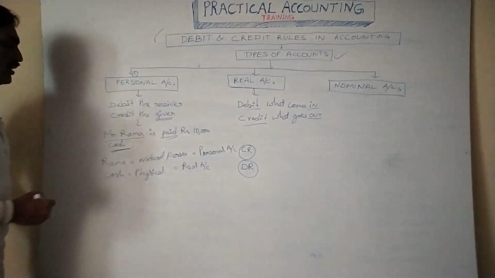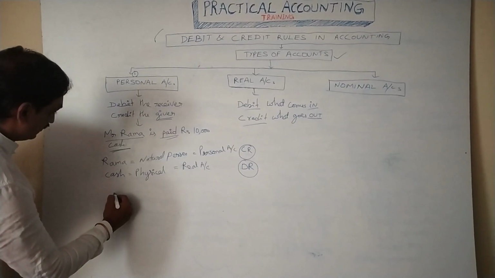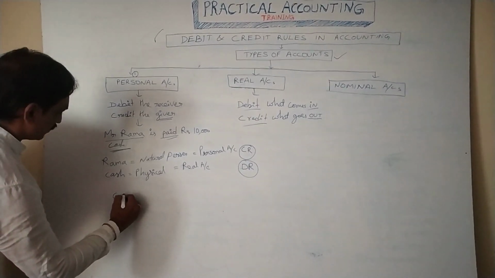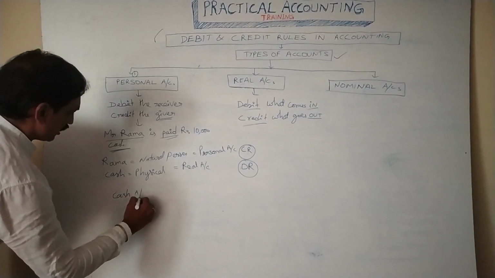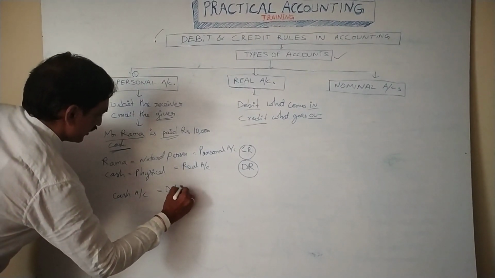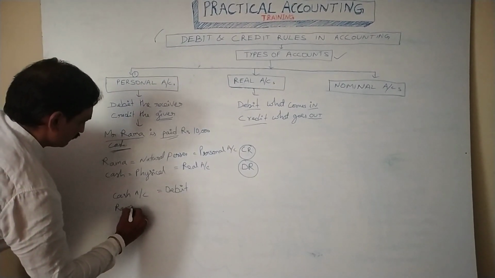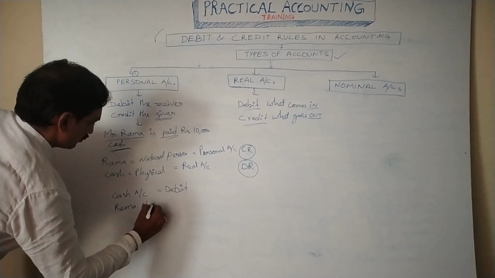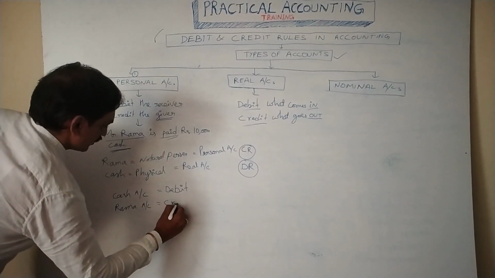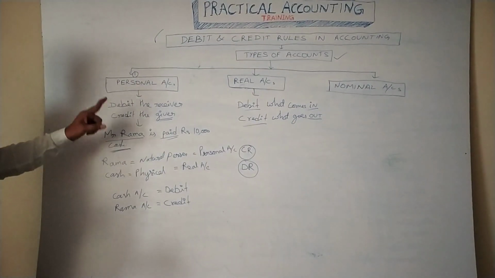So the cash account is debited and Rama account is credited. Clear?